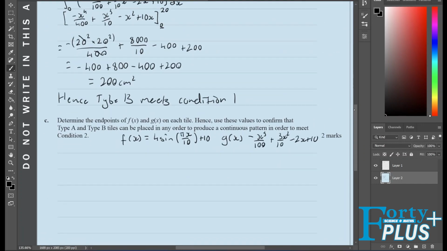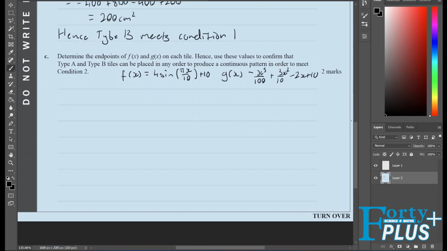Okay. So what we're going to do first is substitute 0 into both these equations. So f of 0 equals 4 sine of 0 plus 10. Sine of 0 is 0, so that's just going to equal 10.